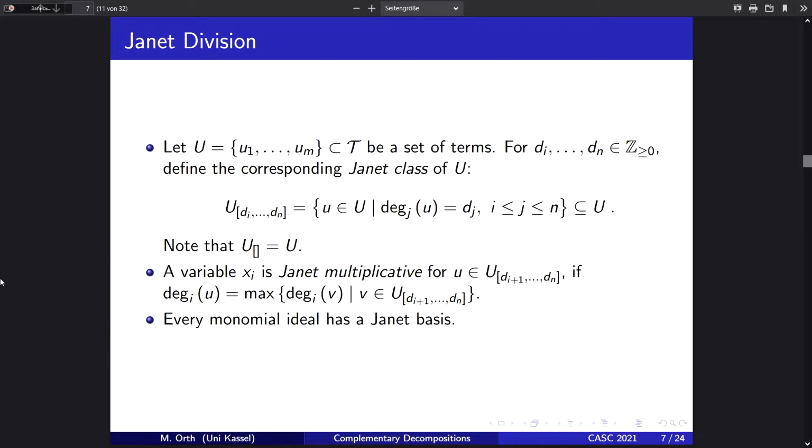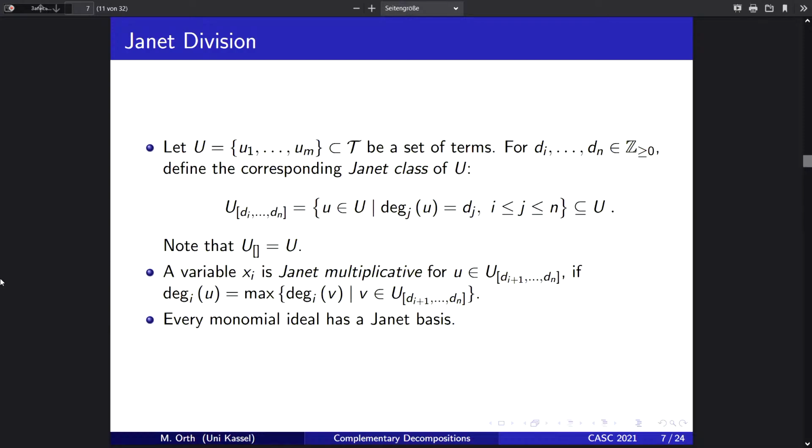And we say then that a variable x_i is multiplicative for a term u if the x_i degree of u is maximal among all other terms having the same Janet class starting from i plus 1.